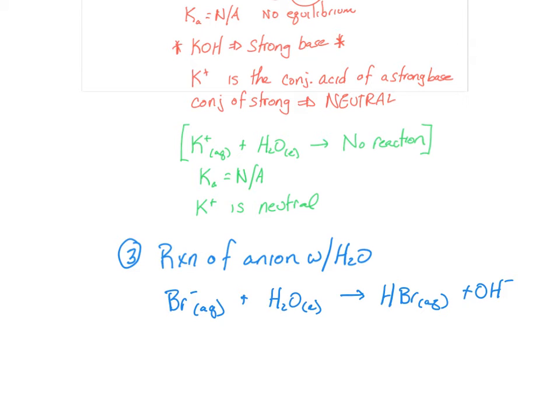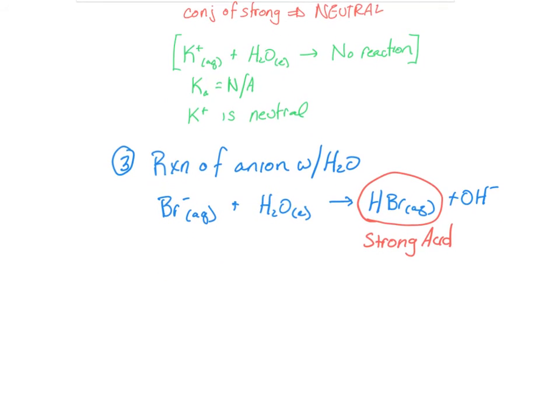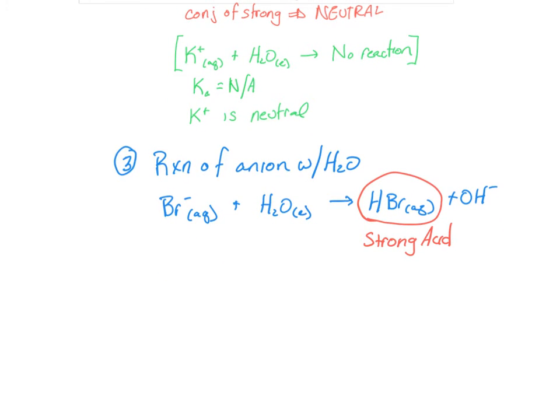Now, we know that HBr is a strong acid. Again, if you haven't memorized these yet, go back to video 1, get your list of strong acids, make yourself some flashcards. Let's get these figured out. So HBr is a strong acid, which means that it dissociates completely in solution.